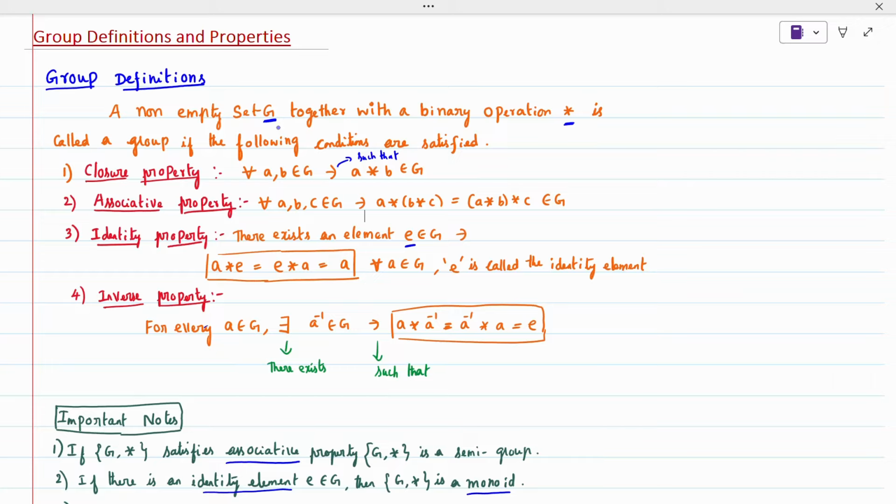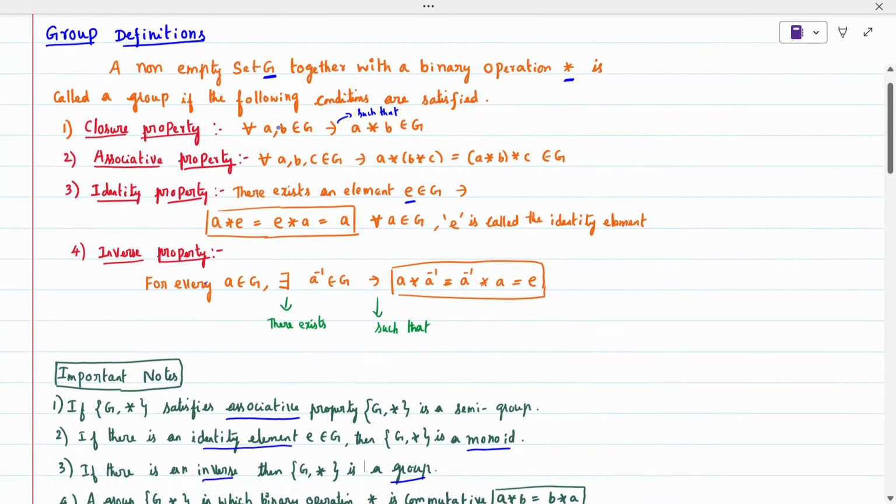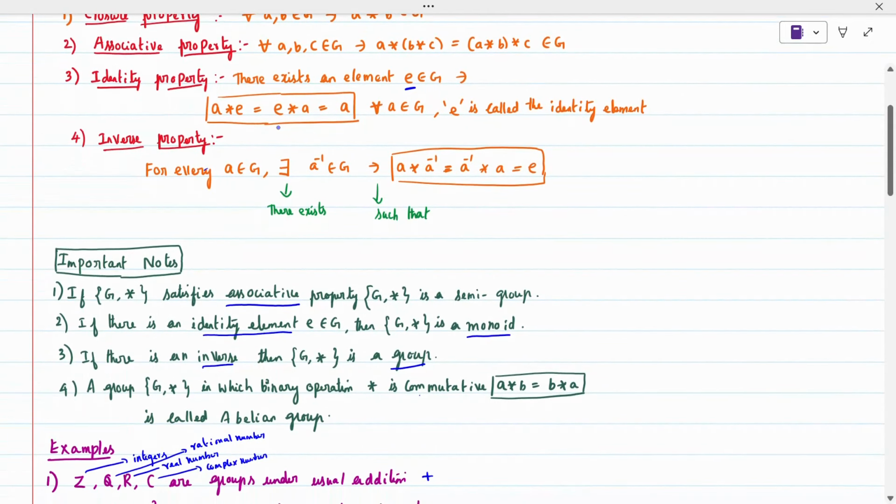Some hints we have to remember. When only the associative property is satisfied, we say it is called a semi-group. When only the identity element exists, we say it is called a monoid. When the inverse exists as well, then it is a group.